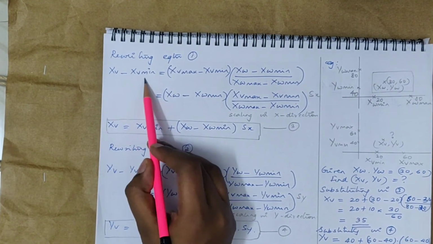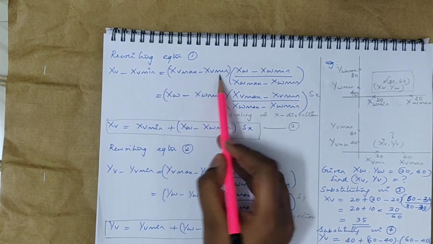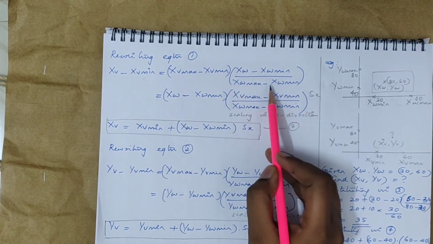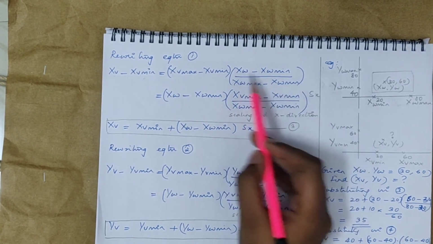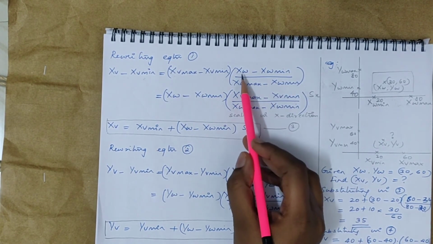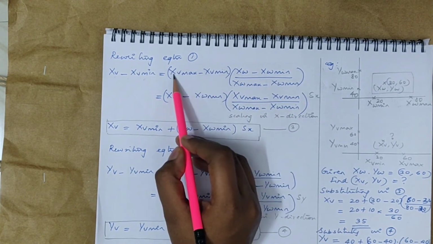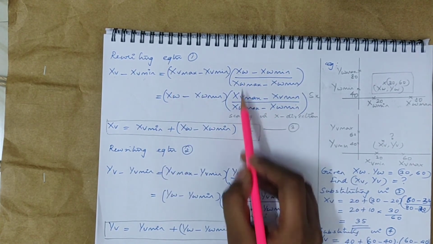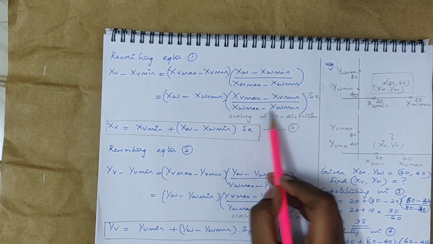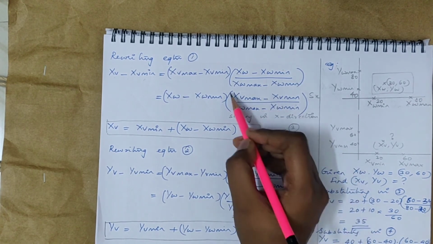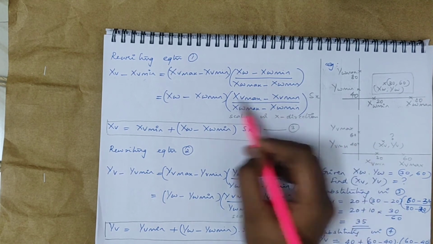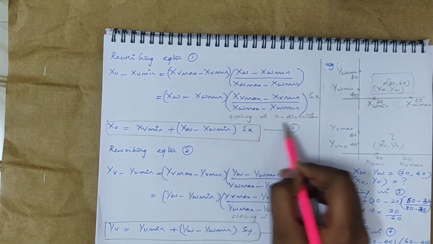So xv minus xv min equals xw minus xw min, taken outside, multiplied by xv max minus xv min divided by xw max minus xw min. This fraction you can call the scaling in x direction.